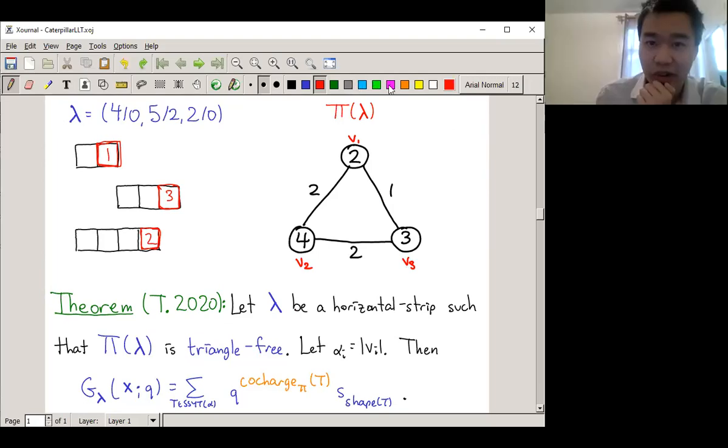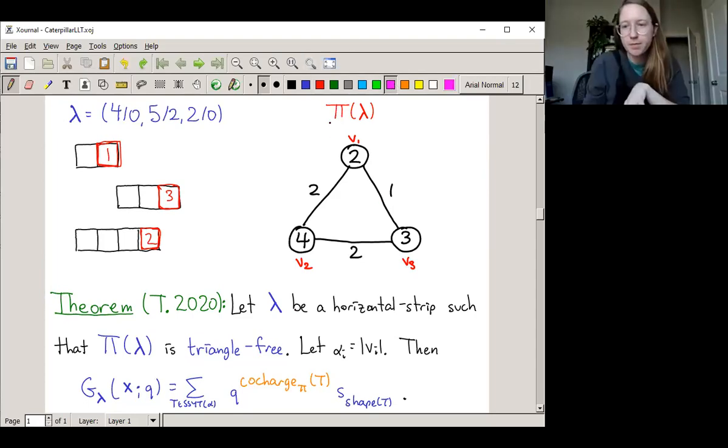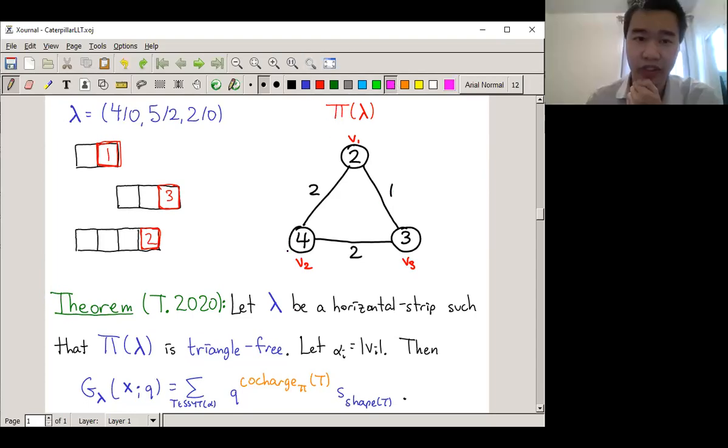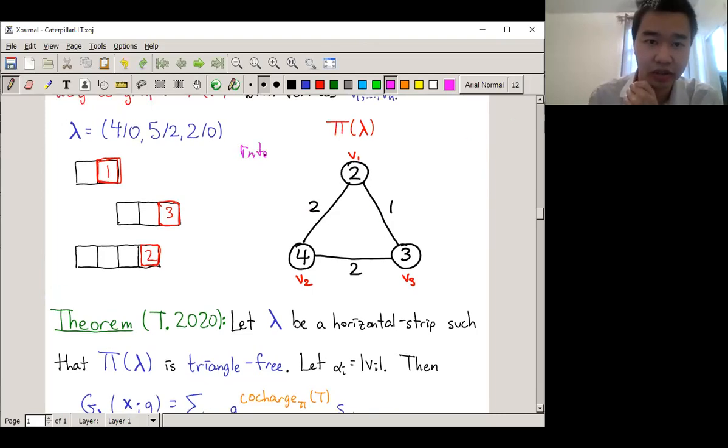Oh yeah, this is a good question. I haven't mentioned it, but for these graphs pi of lambda, only certain ones can appear. These are just interval graphs. They correspond to intervals of the real line, but not necessarily of unit length anymore. They have a few characterizations.